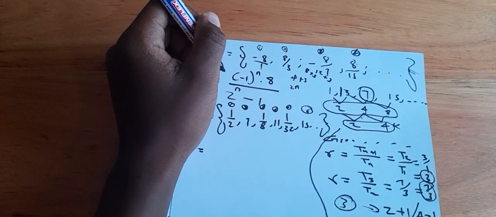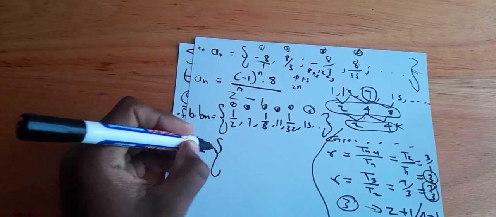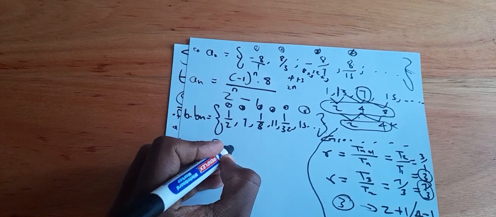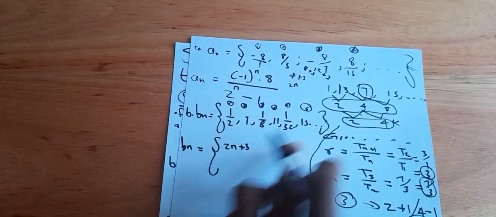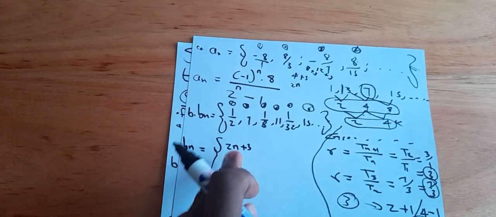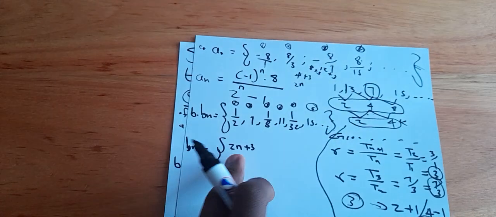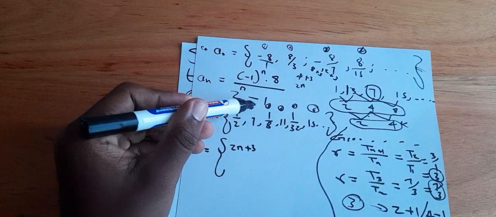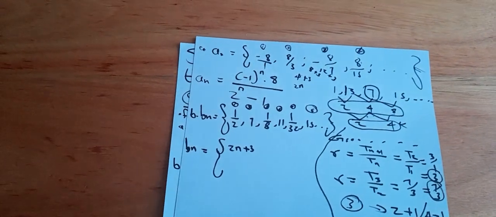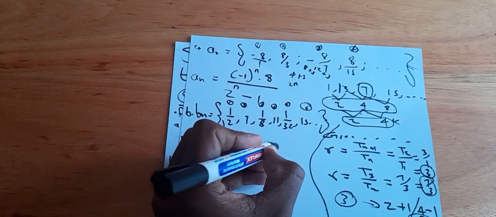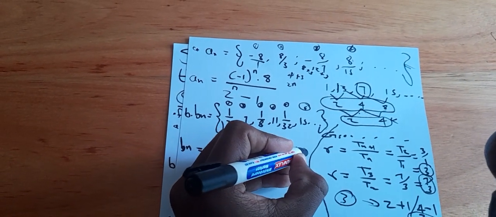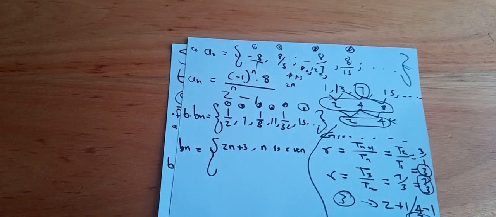And now it's clear that B of n will be equal to 2n plus 3, since 4 is represented by 2n, 8 by 2n, and 12 by 2n, for n equal to 2, 4, 6, when n is even. And now we are done for even.